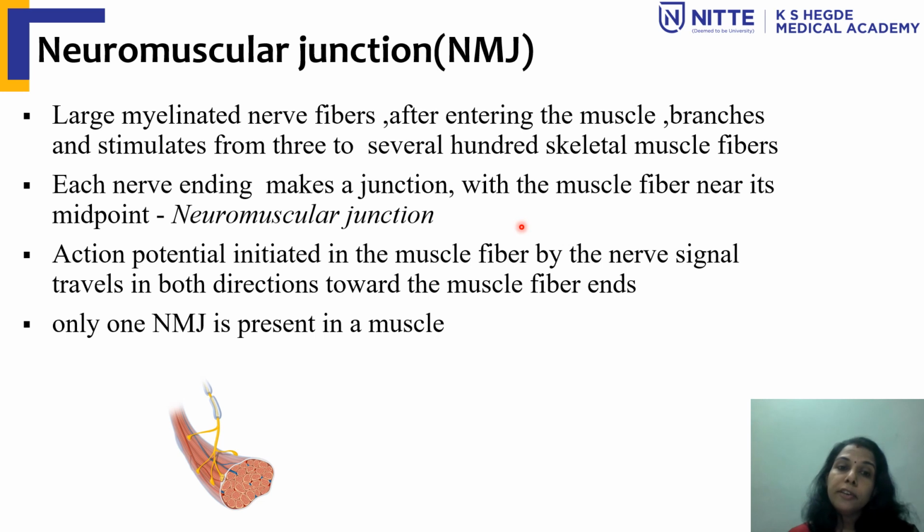Each nerve ending makes a junction with the muscle fiber near its midpoint. There they form a neuromuscular junction. And the action potential which has been initiated in the muscle fiber travels in both directions towards the muscle fiber ends. Only one neuromuscular junction is present in a muscle fiber, with an exception of about 2%.